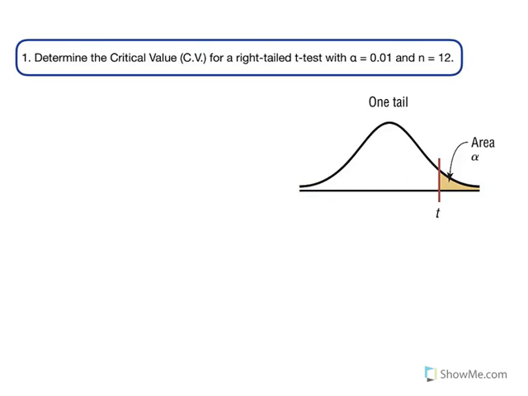It's exactly the same as the z-test, but the only difference is that here you will be using the t-table, not the z-table. So let's see. I start with the first one. Determine the critical value for a right-tailed t-test with alpha equal 0.01 and n equal 12.